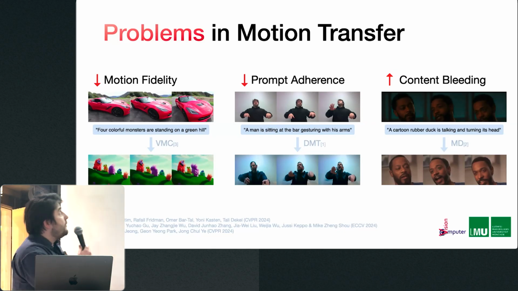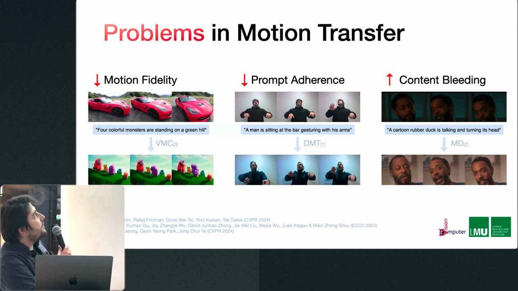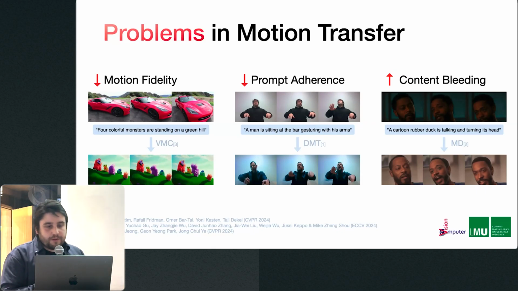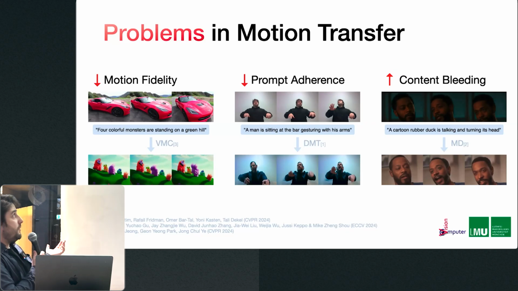Here in the second column, there's me waving around with my arms. But here the baseline model faithfully transfers the motion of me, but fails to actually adhere to the prompt that is given with the text prompt. And then in the third column, sometimes the entire content just starts to bleed through.